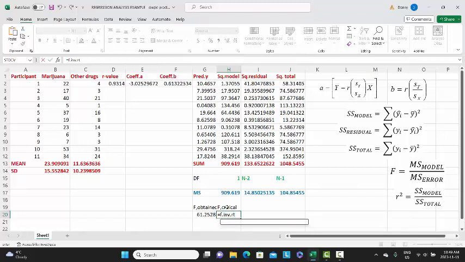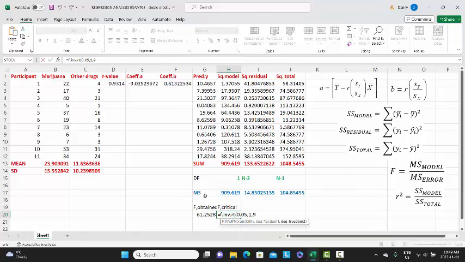I'm going to shift 9, and I want it at the 0.05 level unless stated otherwise. We'll always go with 0.05, and we type in the degrees of freedom for our model, which is a 1, then a comma, and the degrees of freedom related to our residual term, and in this case it's n minus 2, or sample size minus 2.